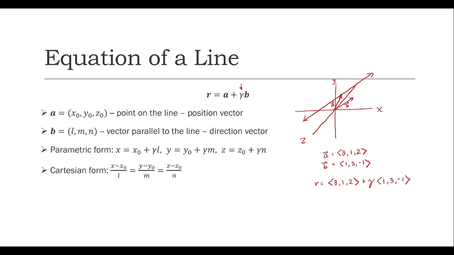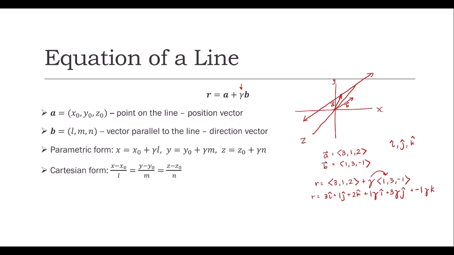And we'll want to switch this into our form with our unit vectors, our i, j, and k. So this would be r equals 3i plus 1j plus 2k plus, and we'll multiply this in, so we'll have 1i plus 3j plus -1k.